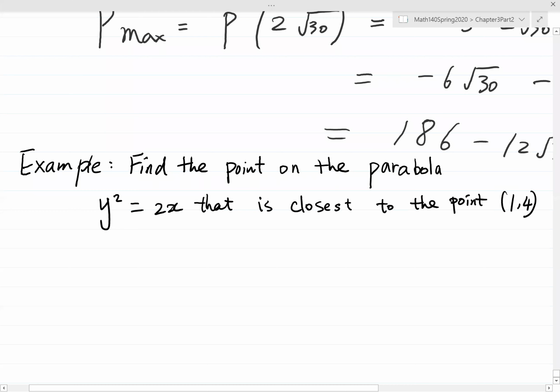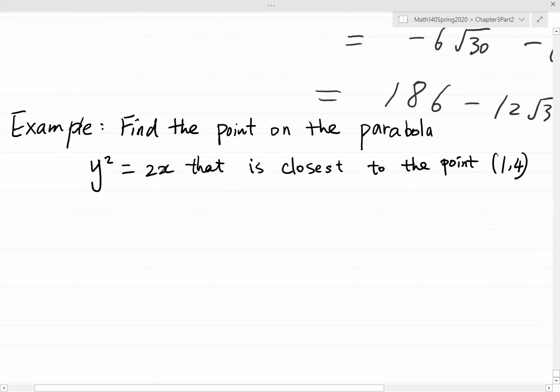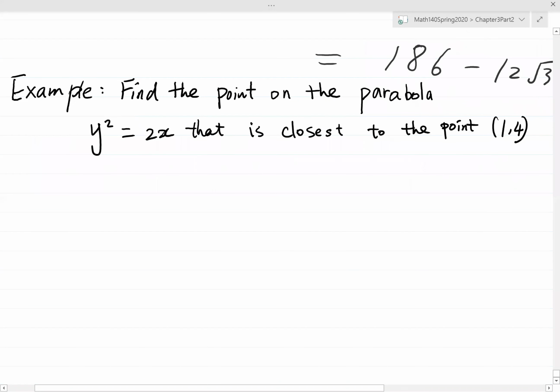Okay, first we understand the problem, the shortest distance problem. Now first we plot the graph of the parabola y squared is 2x. You can sketch some points on this graph. When x is 2, y is 2.